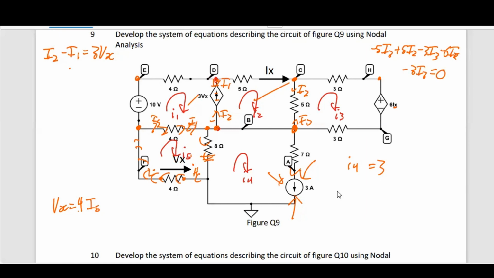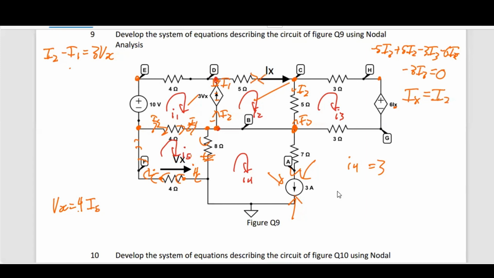Where is Ix? Ix is here. That is a current, right? What loop is Ix in? The I2 loop. Is the direction that I assume for Ix the same as I2? Yes, it is. So Ix would just equal I2.